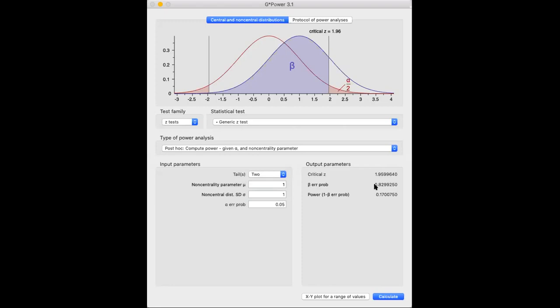So only 17% of the time can we get a significant result, in that we get a z-score that's higher than the critical z-score defined by alpha divided by 2. So you can see that in this case, the statistical power is not very high, right?